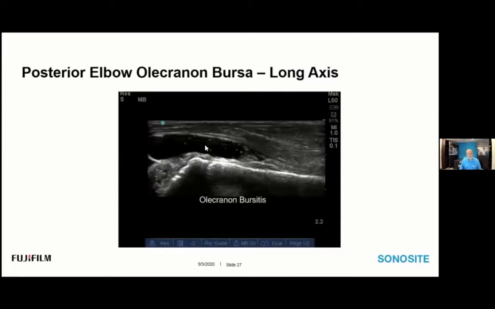You have to be very mindful when scanning this very tiny superficial structure that we can obliterate the appearance of this fluid with too much transducer pressure. Personally, if I have a reddened elbow and I'm suspicious of what might be distending the olecranon bursa, I'll use a gel heap and float the transducer.